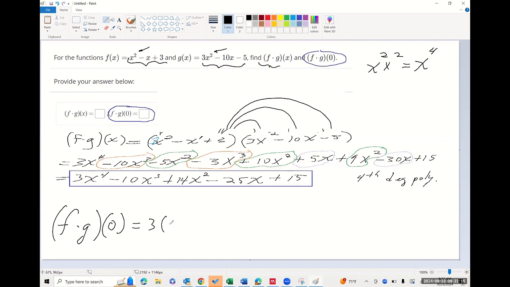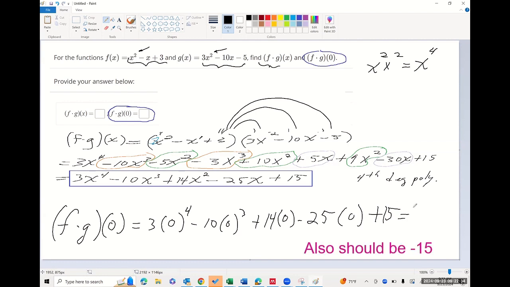And that 0 is going to be everywhere you see an x. Since everything zeroes out, we're left with 15. And so the final answer for the second part is 15.